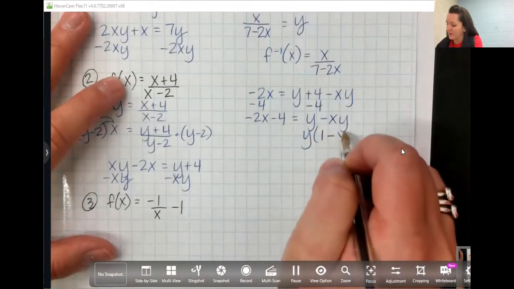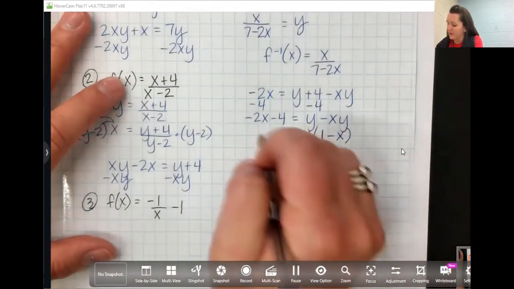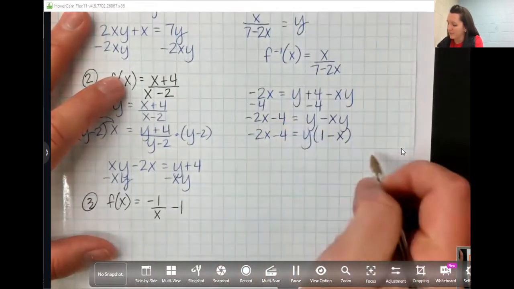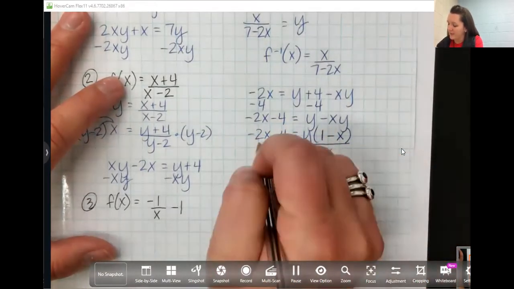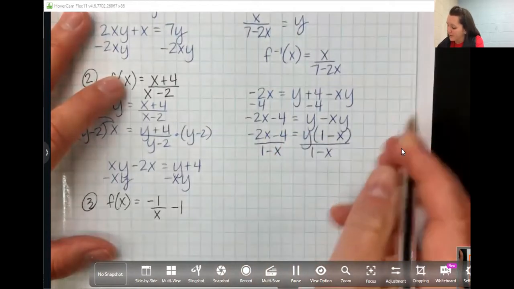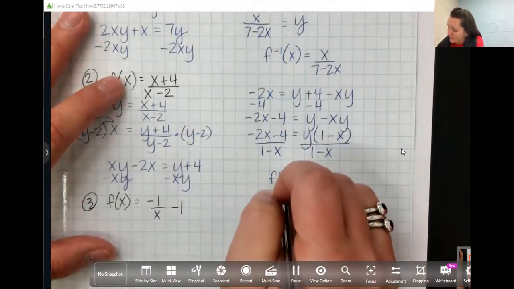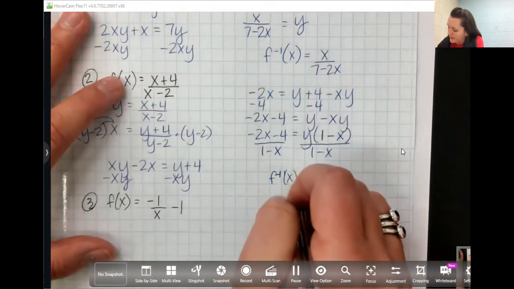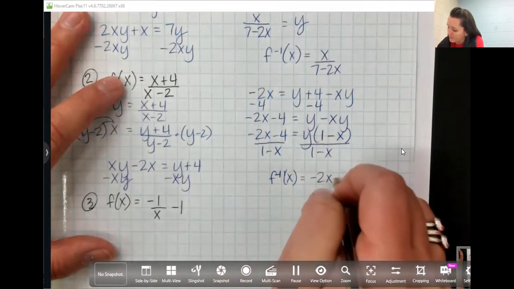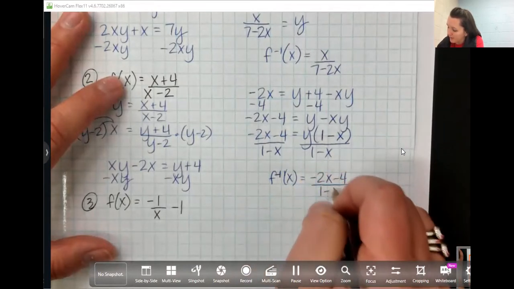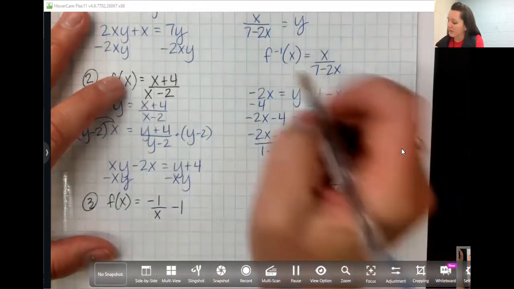It's a 1 minus x, be careful there, equals negative 2x minus 4. Divide out that 1 minus x. And now we have the inverse function of x equals negative 2x minus 4 divided by 1 minus x. Okay, there's our answer for this one.